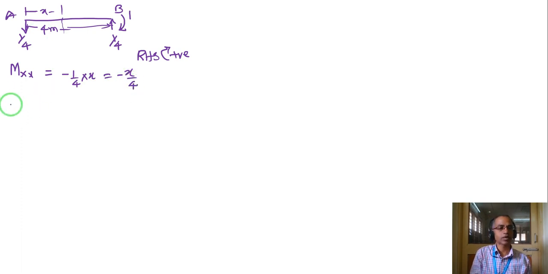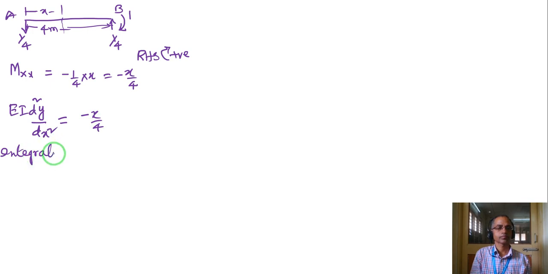So this is nothing but my EI d square y by dx square is equal to minus x by 4. Integrating, what do I get? EI dy by dx is equal to minus x square by 8 plus c1.